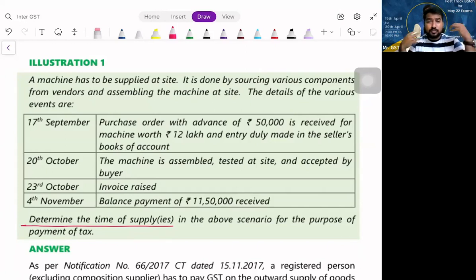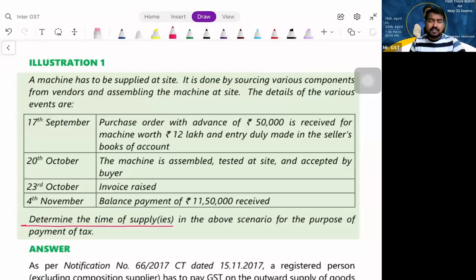With too much enthusiasm, we will also calculate the GST. They didn't ask that, so you're just wasting your time in the exam. So please understand the requirement of the question. Are they asking you only to compute the taxable value? Are they asking you to compute the GST liability? Are they asking you the net GST payable? Are they asking you the net minimum GST payable in cash? So what is the requirement? You have to be very, very clear. Am I clear? Shall we proceed?